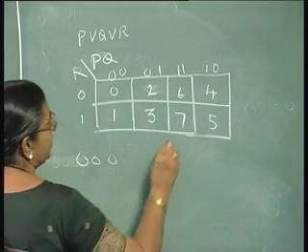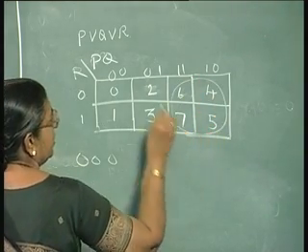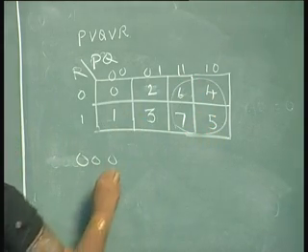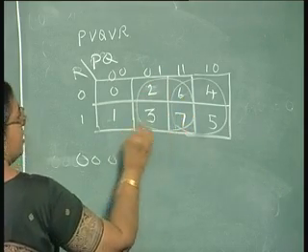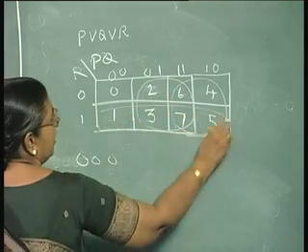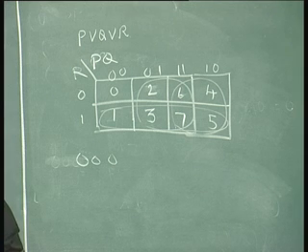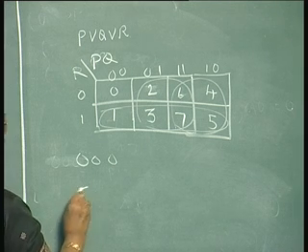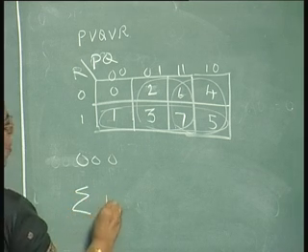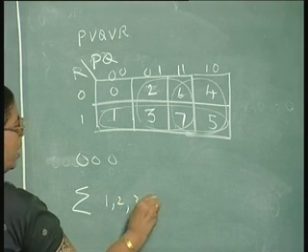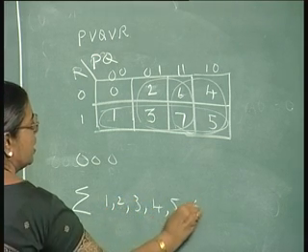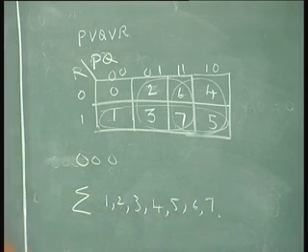P will be represented by this, Q will be represented by this, and R represented by this, which includes all the 7 cells, and this will be written in the form sigma of 1 comma 2 comma 3 4 5 6 7. This we have already seen.